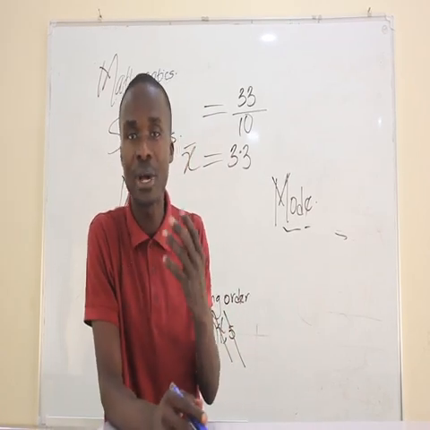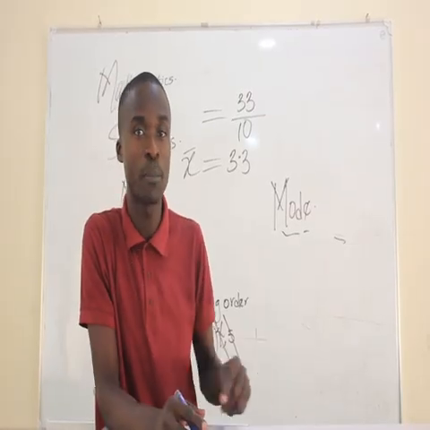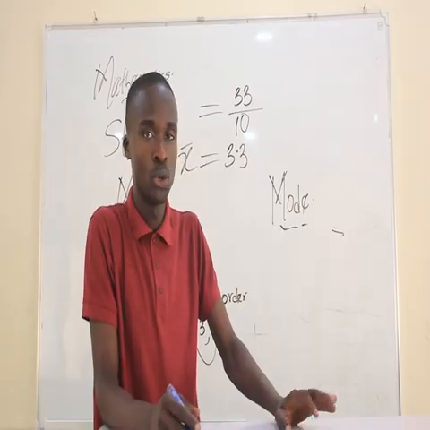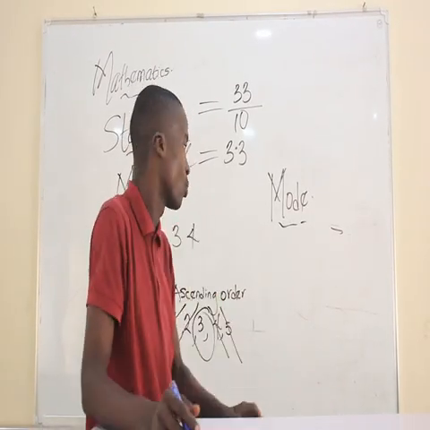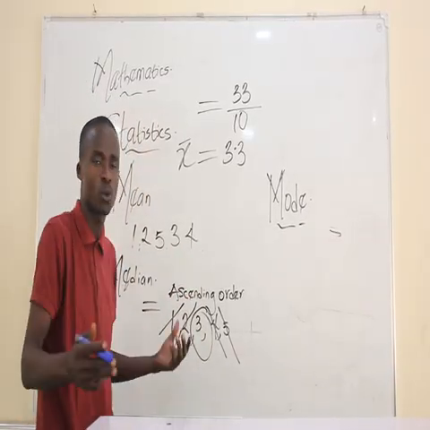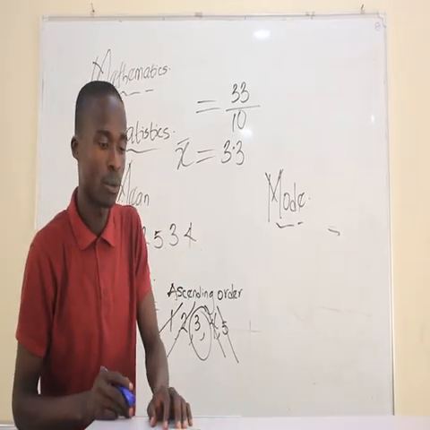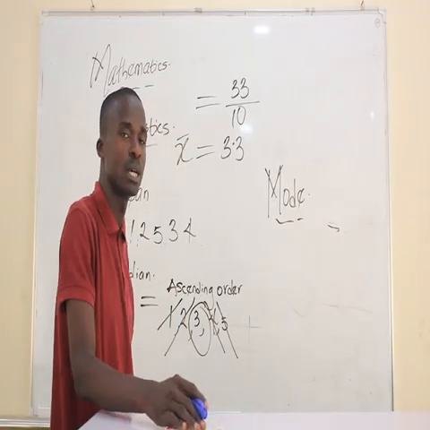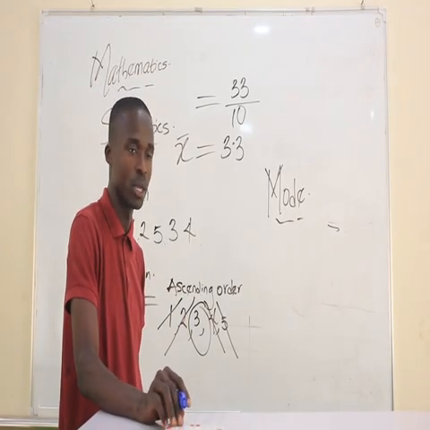So with that, you can try other questions. Remember, practice makes perfect. If you don't practice, that which you want to be perfect in, you cannot attain perfection. So practice is very, very important. You can get past questions, NECO past questions, and try a lot of these questions, and you will see yourself making waves in this.